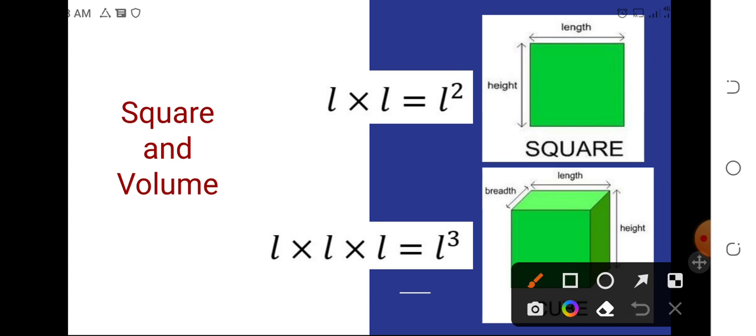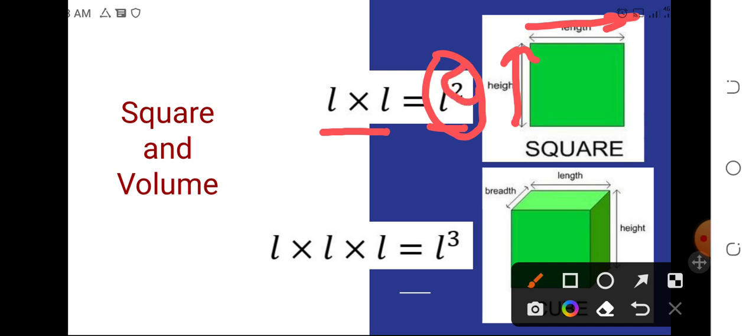So the area of this square will be this length multiplied by this length. These two lengths, if we multiply them, length into length, it will be L square. So the area of the square is L square. You can see its exponent is square. Always area is found in square.